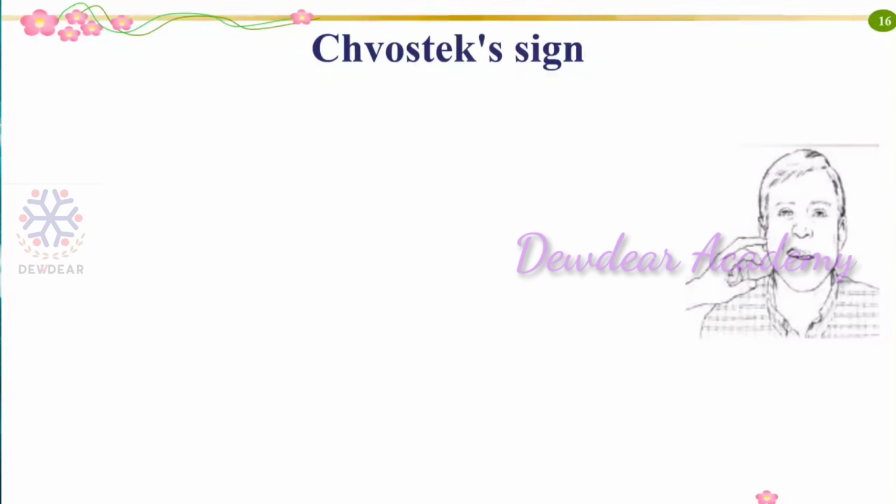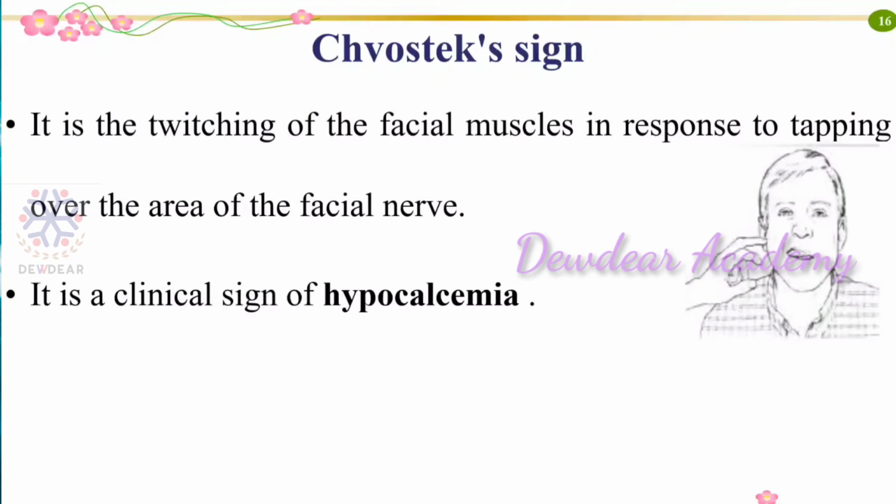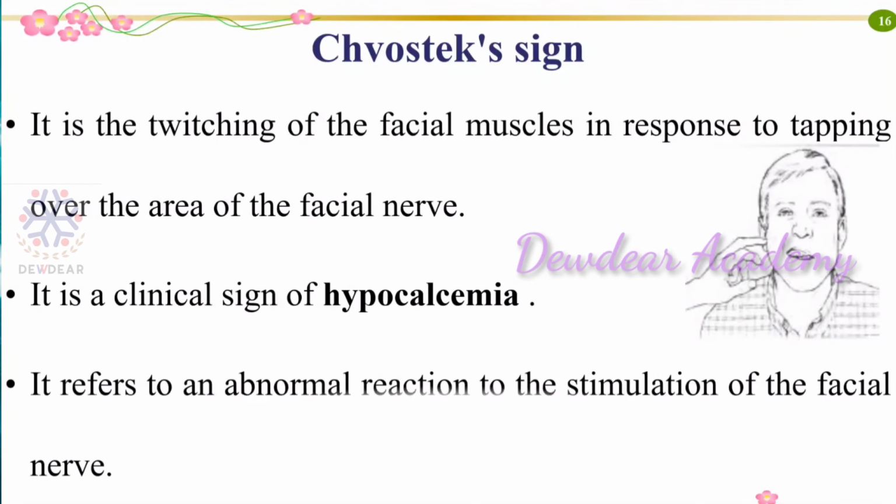It is the twitching of the facial muscles in response to tapping over the area of the facial nerve. It is a clinical sign of hypocalcemia. It refers to an abnormal reaction to the stimulation of the facial nerve.